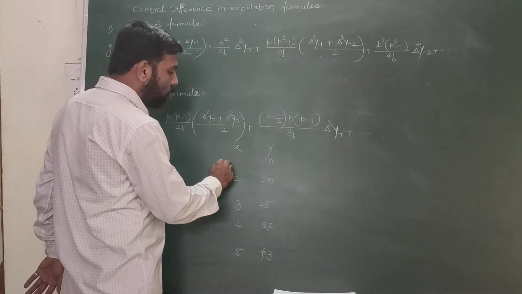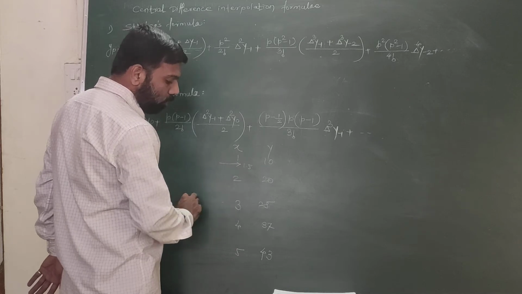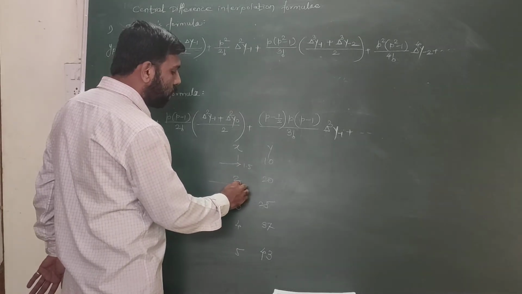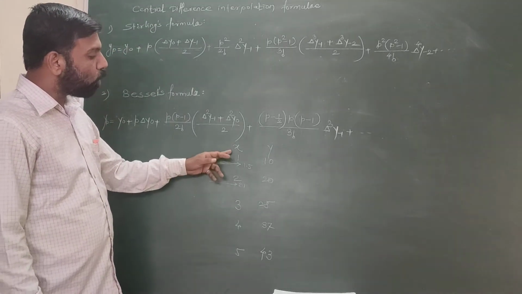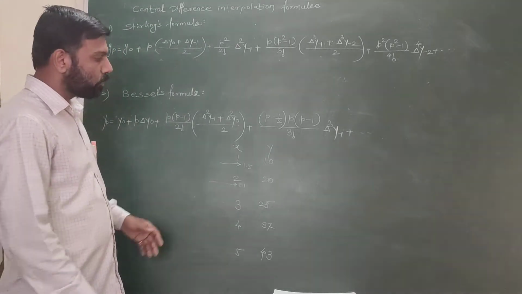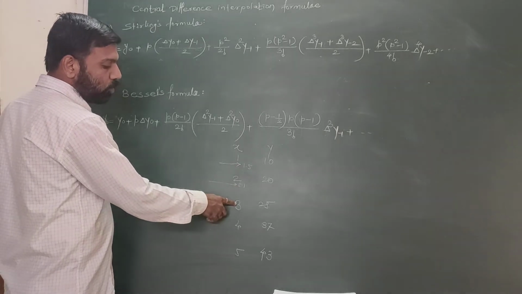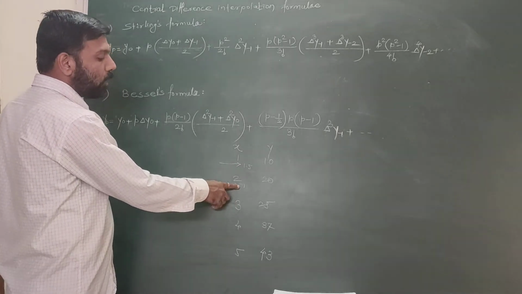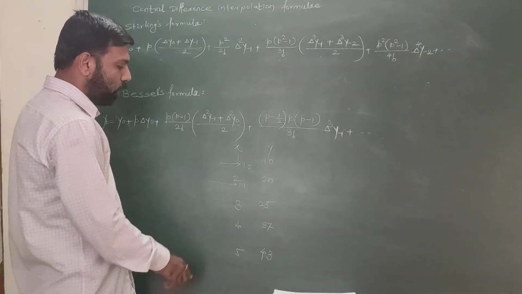Suppose we have to find the value in this interval at 1.5, or we have to find the value at 2.1. Then we use the forward interpolation formula. These two values are above the central value. The central value is 3 and these two values are above it, so we use forward interpolation.